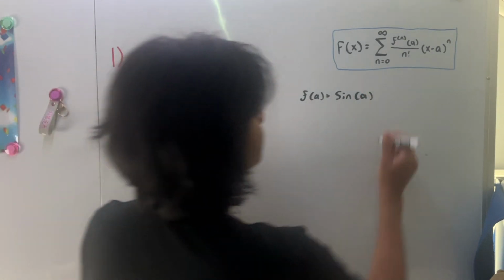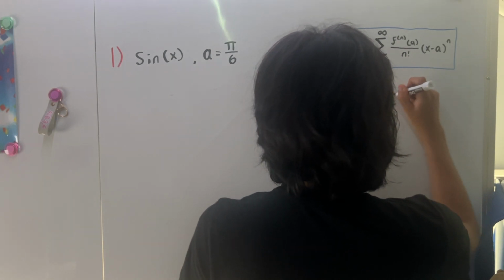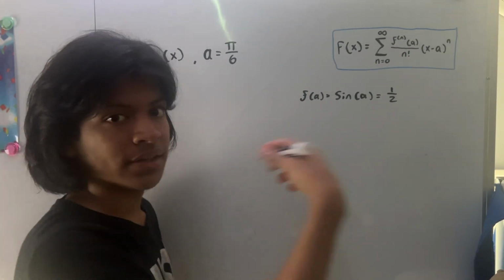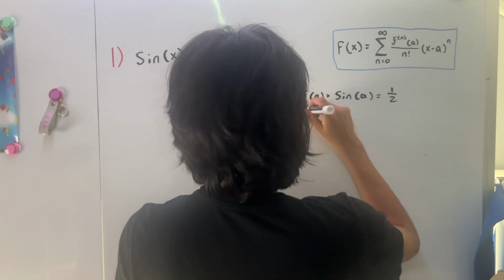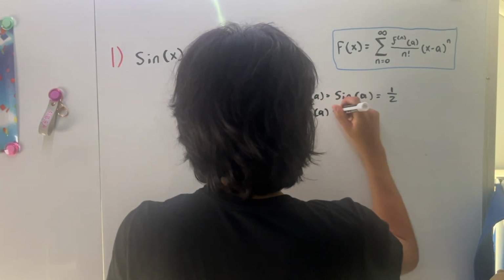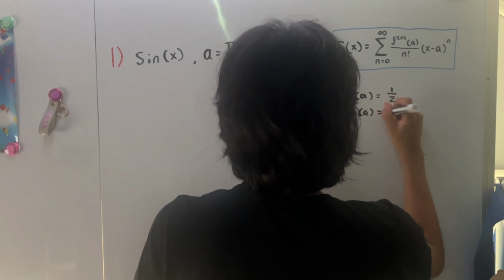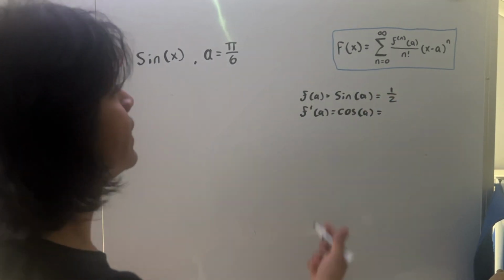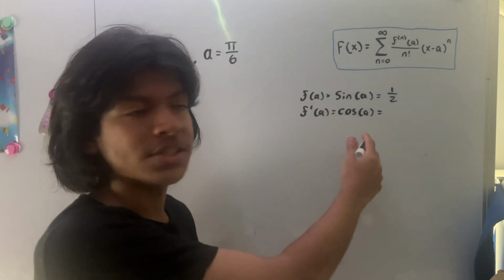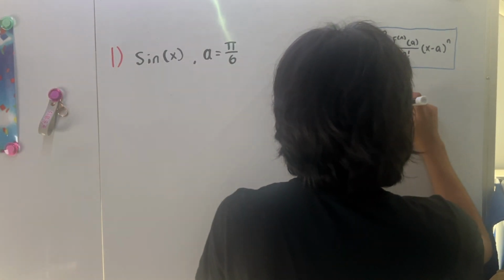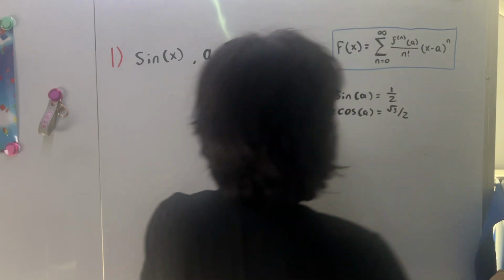So when we do that, we get 1/2. Now we take the derivative. When we take the derivative, we just get cosine of a. And so plugging in pi over 6 onto here, we get square root of 3 over 2.